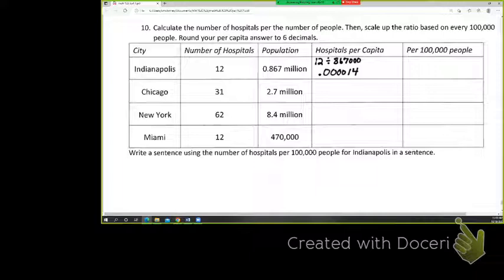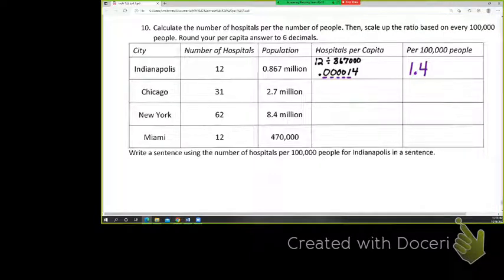Okay, so tenths, hundredths, thousandths, 10,000ths, 100,000ths. So 1.4.